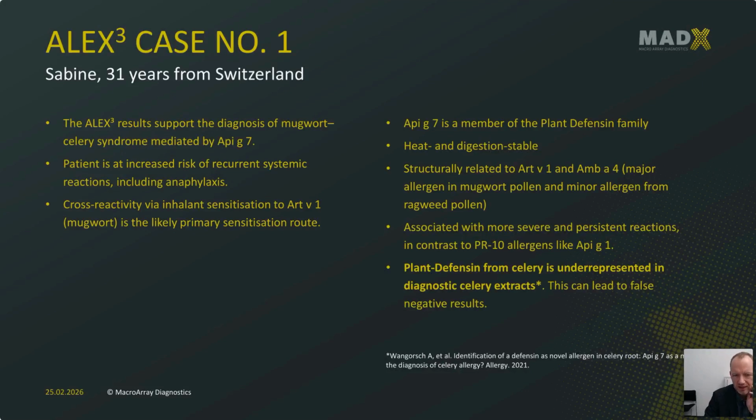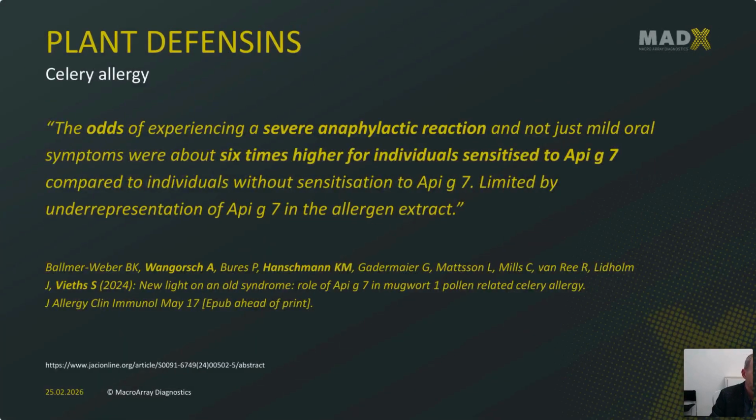It's structurally related to RV1, and it's associated with a more severe and persistent reaction, in contrast to the PR10 allergens like APG1. This is nicely exemplified here, where the study showed that the odds of experiencing a systemic or severe anaphylactic reaction was 6 times higher for individuals that were sensitized to APG7.